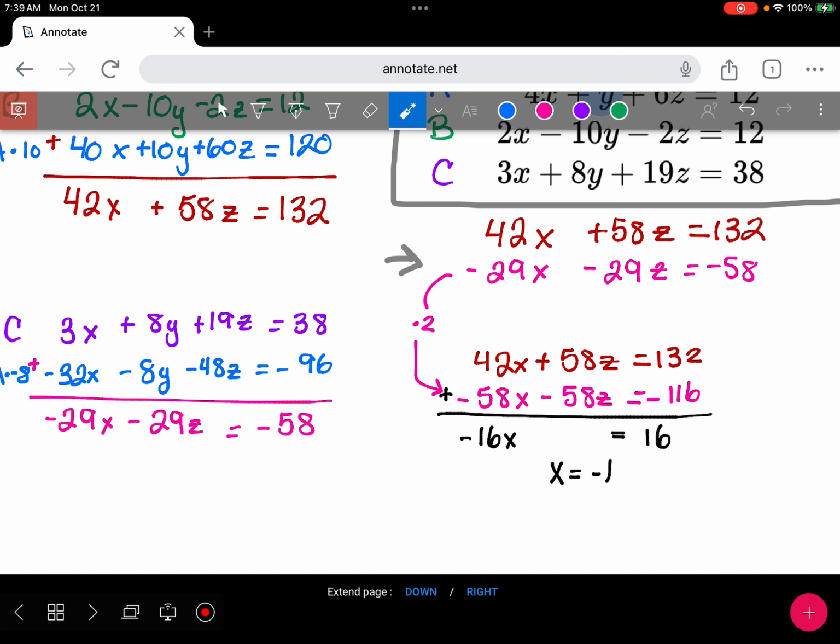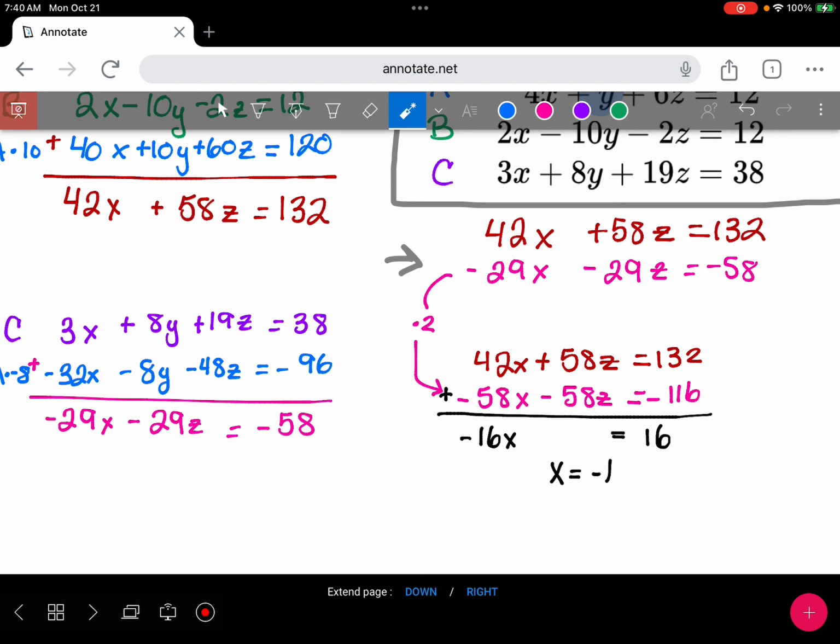So to find our other pieces, I'm going to go find any of these equations that have an x and only one other variable. So I'm going to use red or pink. It genuinely doesn't matter. We could use any of them.